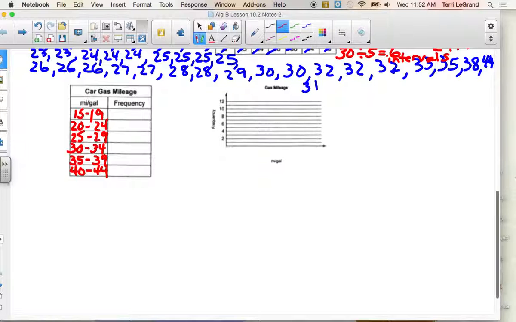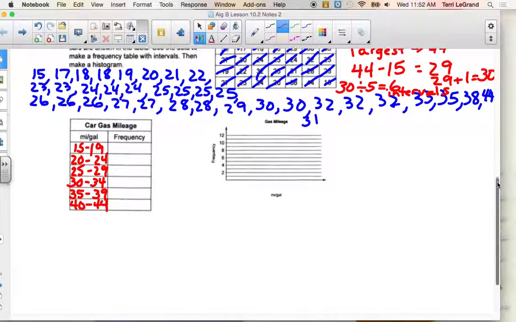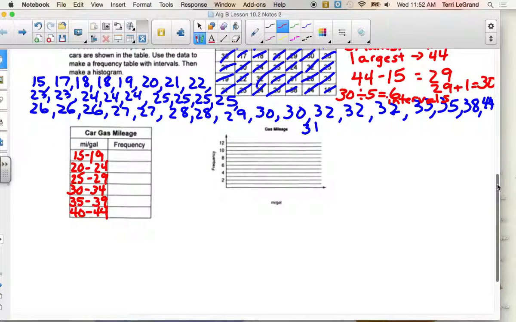Okay. Now, what do we do? Count how many go into each one. So you go in your list and you say, I need all the ones from 15 through 19. There are how many? 5. I need all the ones from 20 through 24. 8.